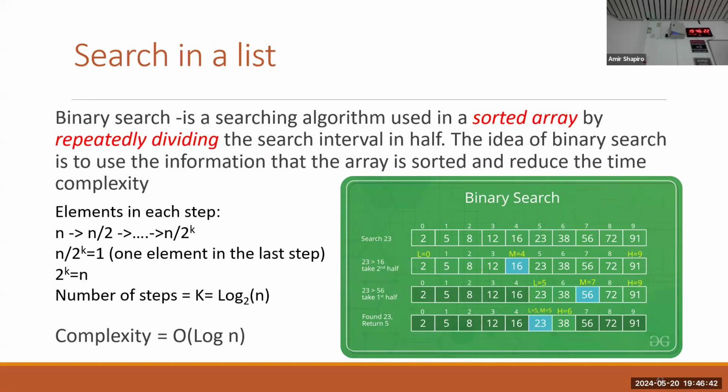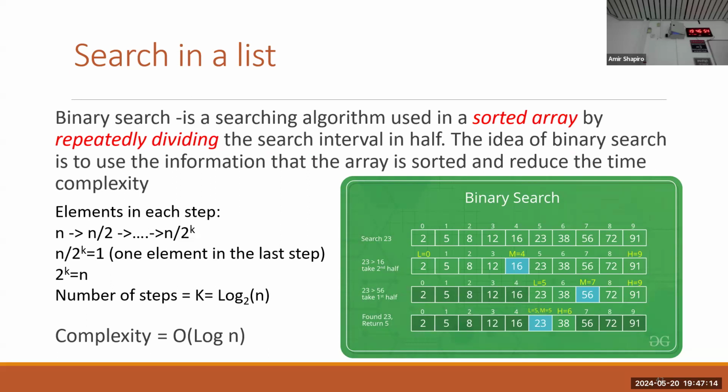So every time I throw away half of the elements. When I need to put an item into the list, again I need to find the location where to put it. I need to find the exact place, so I need to do the search in order to put an item into the list, and also to find an item in the list.